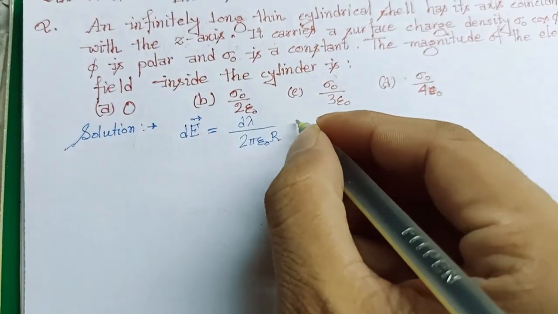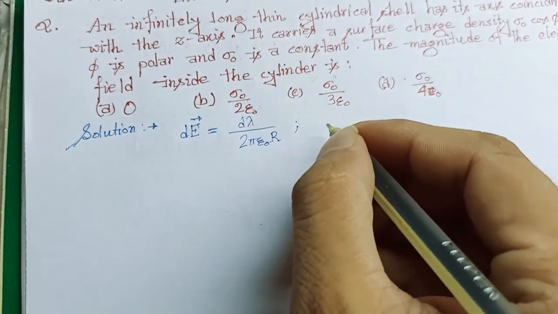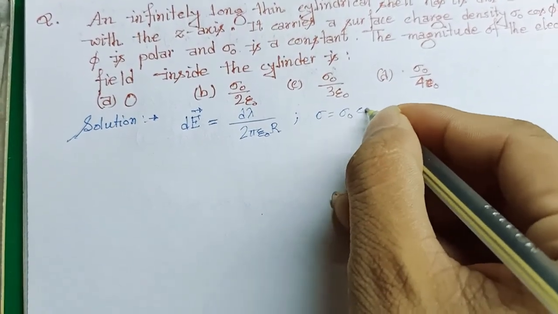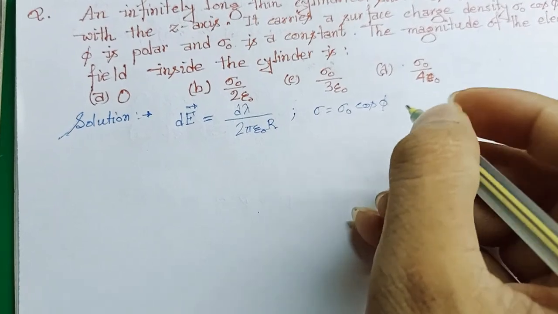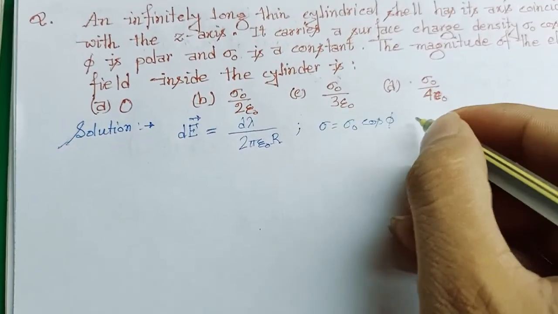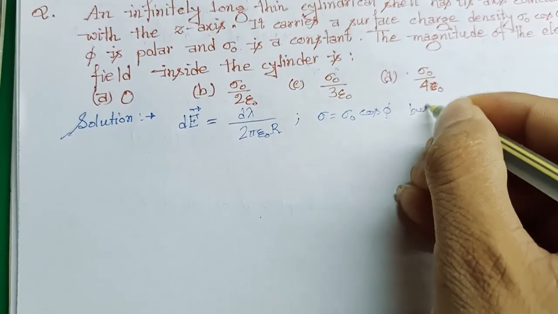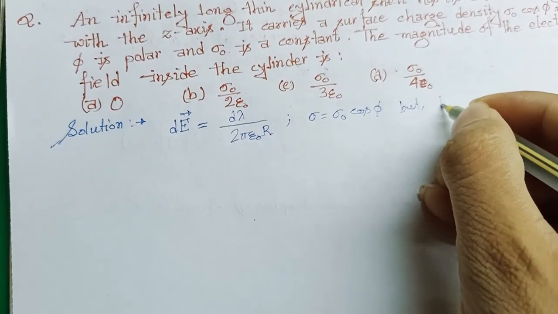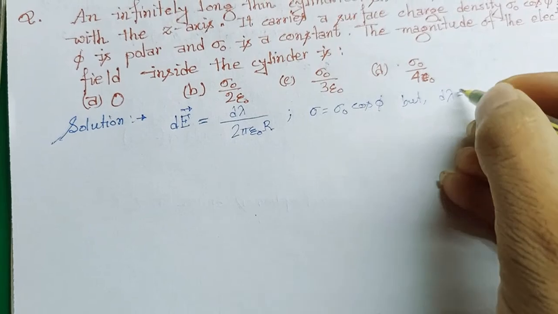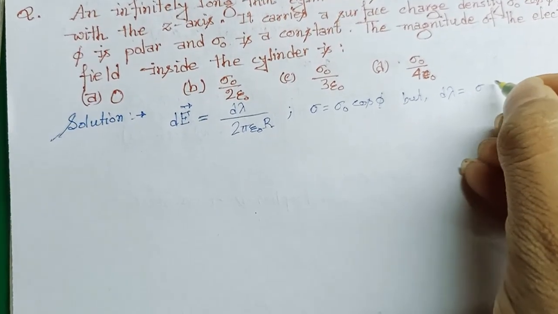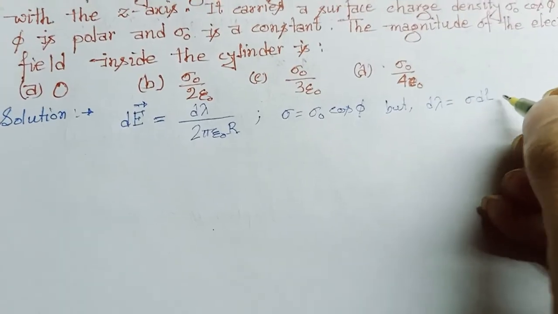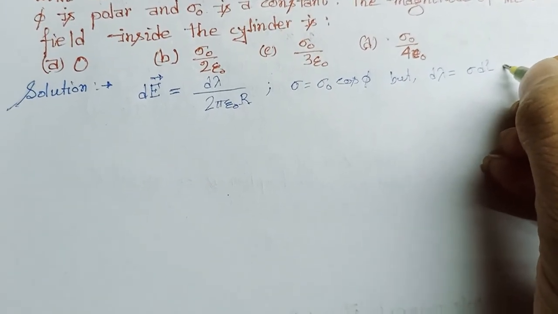Now in our question it is given that sigma is equal to sigma naught cos phi. As we know, d lambda is equal to sigma dl, and dl is equal to r d theta.